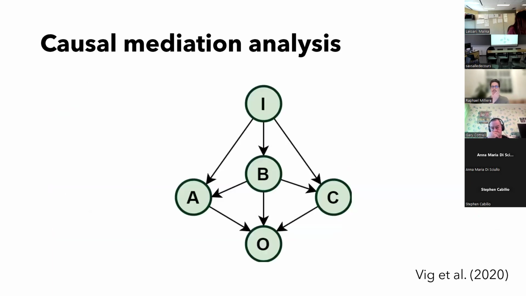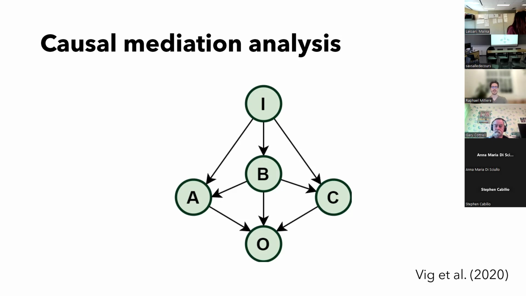Well, the tools that I use essentially fall under the umbrella of what's known in statistics as causal mediation analysis. And causal mediation analysis is a statistical tool that elucidates the process through which a particular cause, or in this case, a particular input, which we call the independent variable, influences a particular outcome, which is a dependent variable, and influences it via an intermediate variable, which is also known as the mediator.